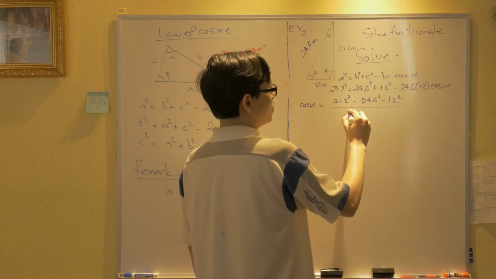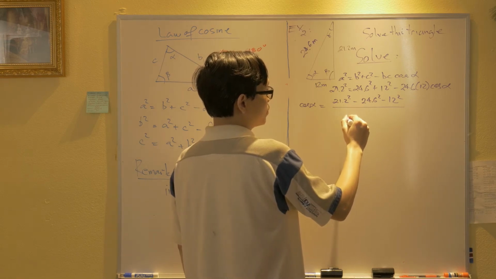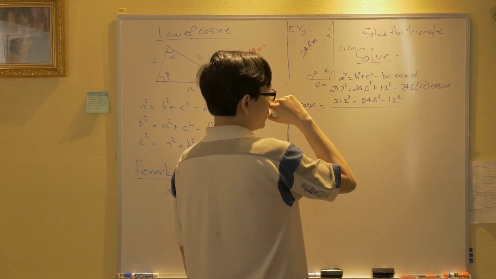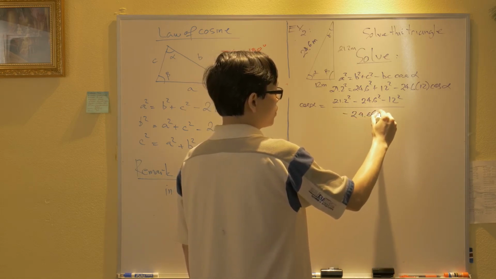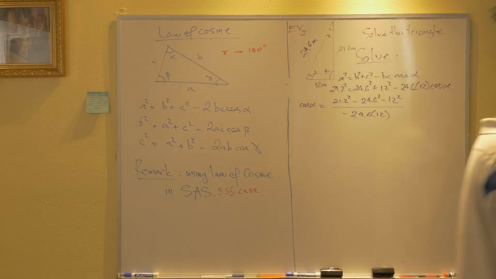Divided by negative 2 times 24.6 times 12. Okay. And you put everything in. Let me see what we have here.